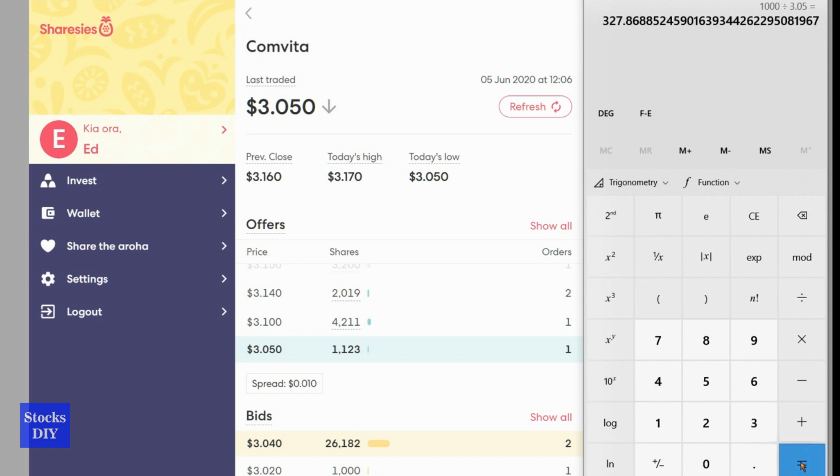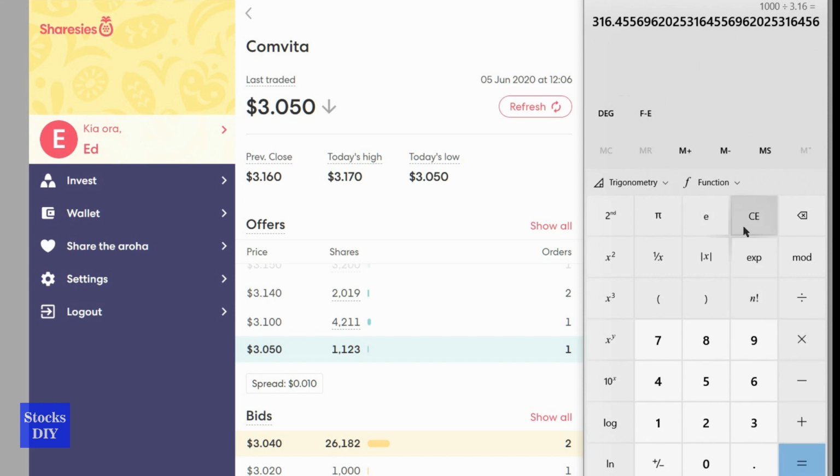Then you have 327. Let me write it down. So about 327 shares, and if you purchase $1,000 at 3.16, then you have 316 shares only.